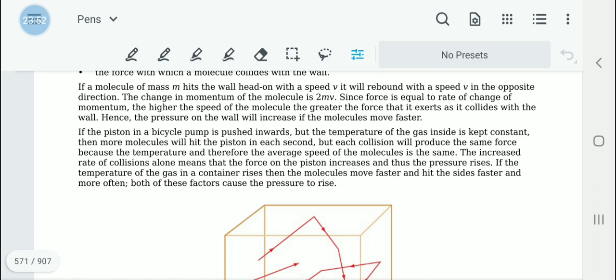And increased temperature increases the speed of the molecules, resulting in pressure being increased.